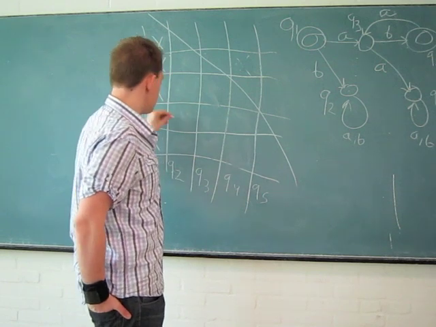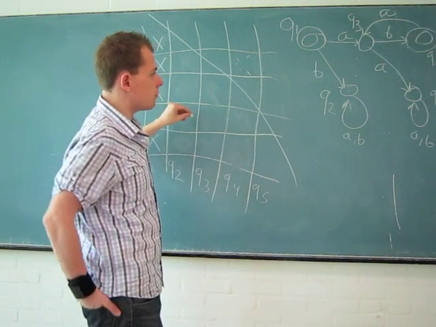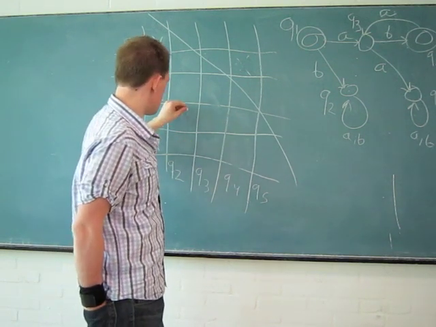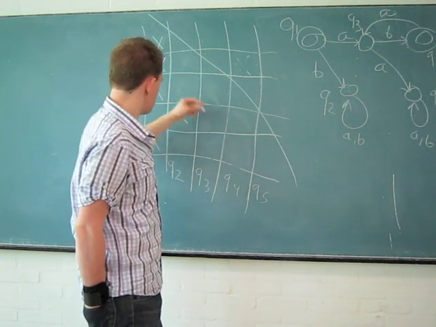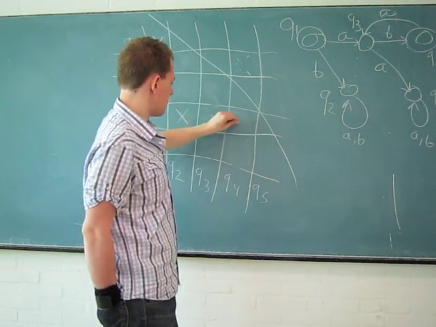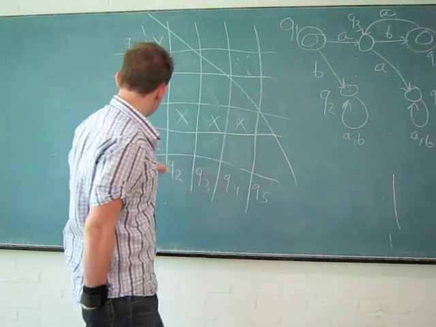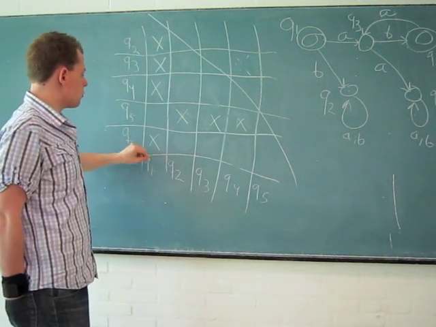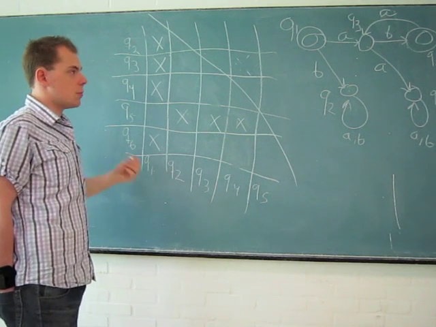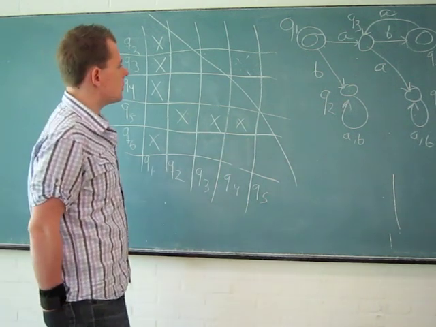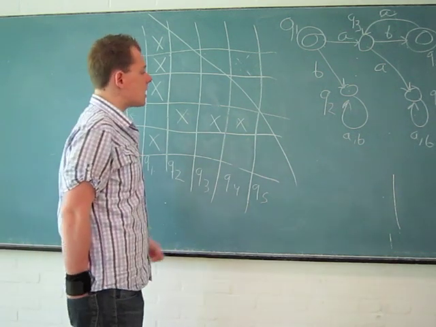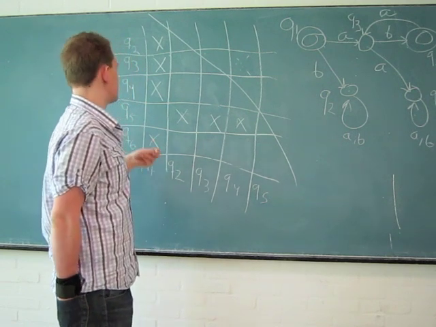If we look at Q5 and Q2, we know that they are different because Q5 is accepting and Q2 is not. If we look at Q5, we know it is different from anyone over here. We don't know if Q1 and Q5 are different because they're both accepting. So now we've done the easy ones. Let's start doing some real testing.